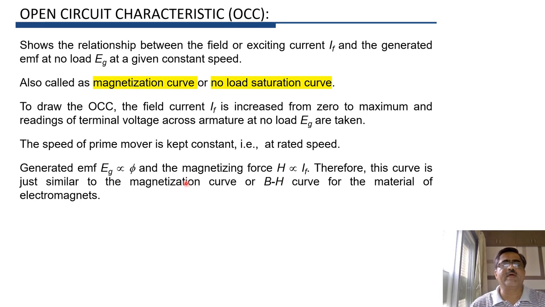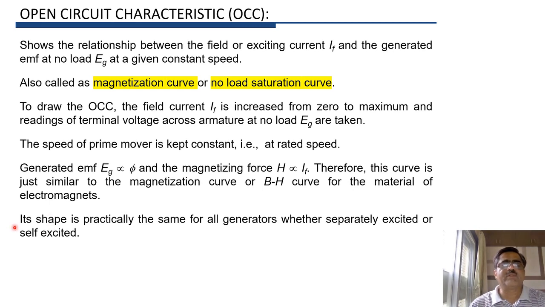So if there is Eg on y-axis and IF on x-axis, then the curve is just similar to the BH curve, because Eg depends on B and H depends on IF, and therefore the curve is similar to the magnetization curve or BH curve for the material used for electromagnets.